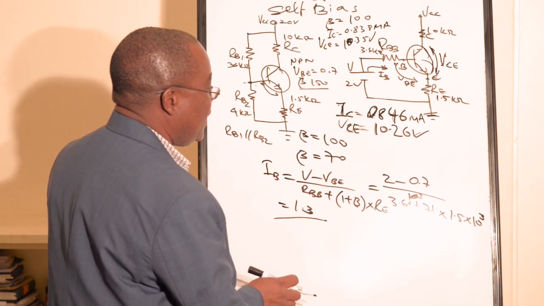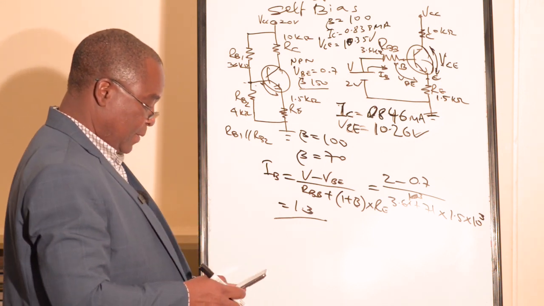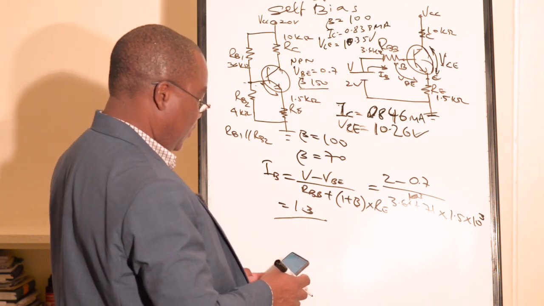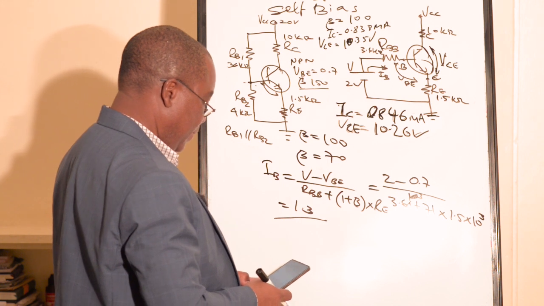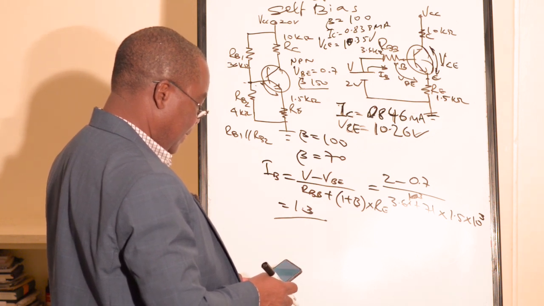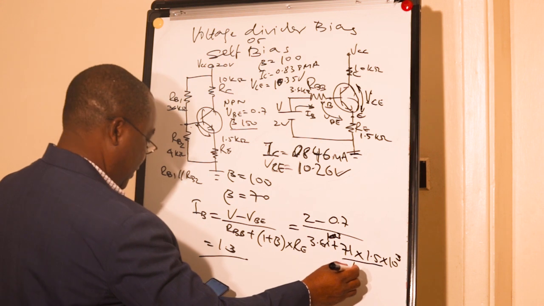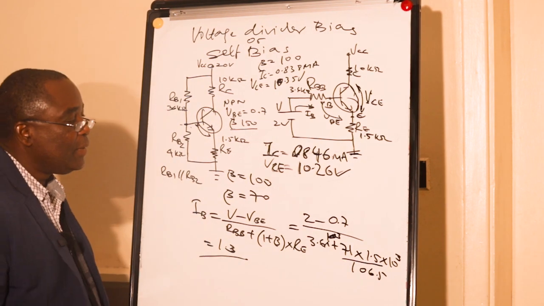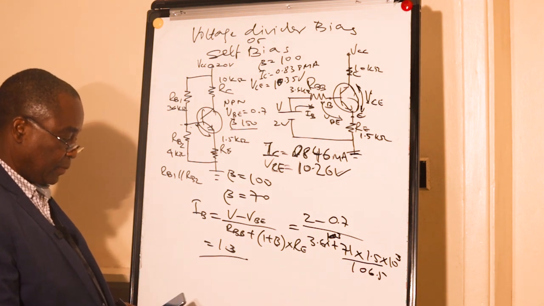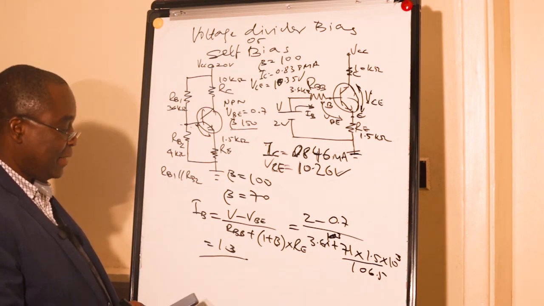another, we take again our calculator, 71 times 1.5 is equal to 106.5, plus 3.6.